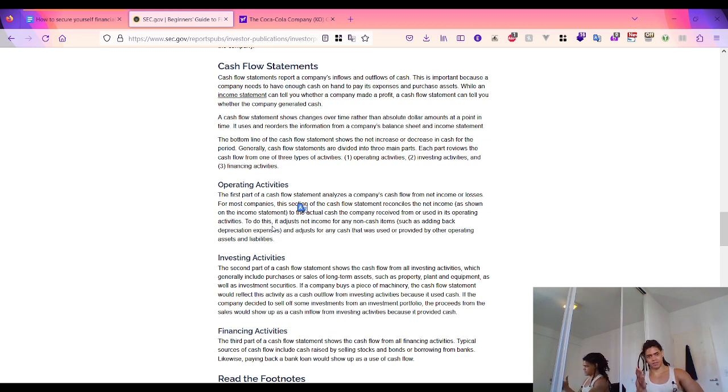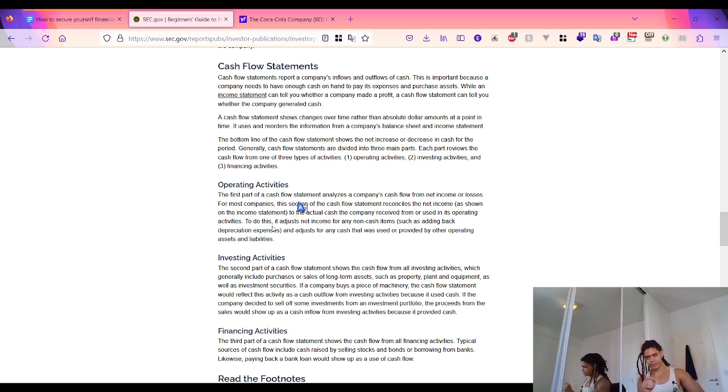To do this operating cash flow statement, you analyze the net income from the income statement and reconcile it with the actual cash a company receives or uses in its operating activities.